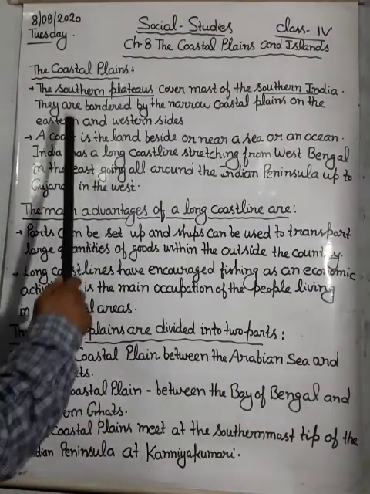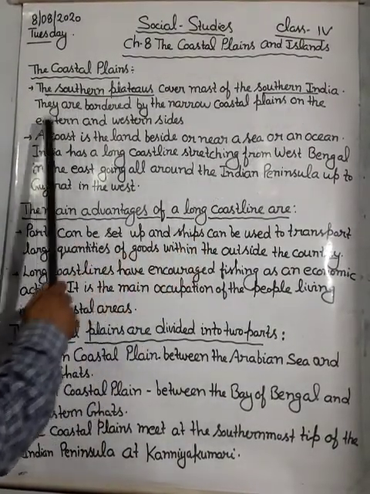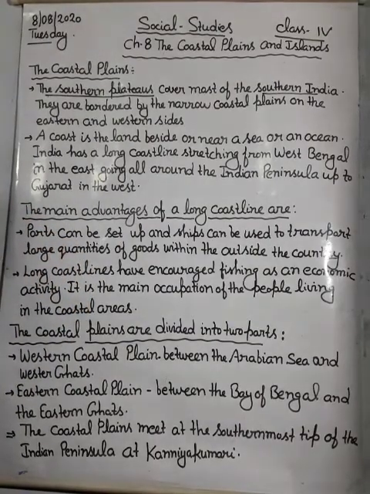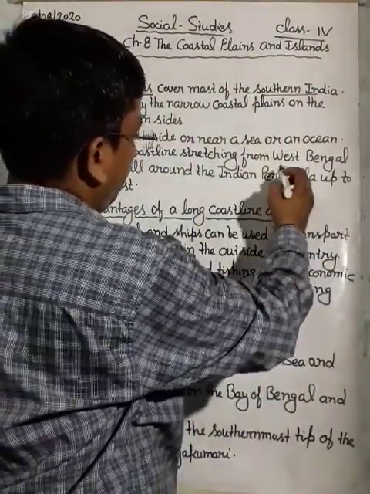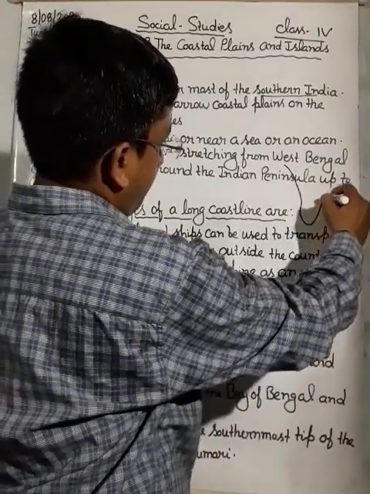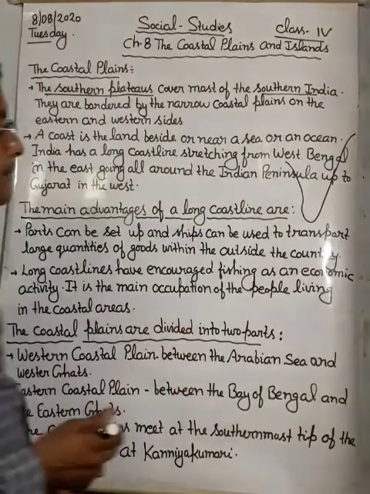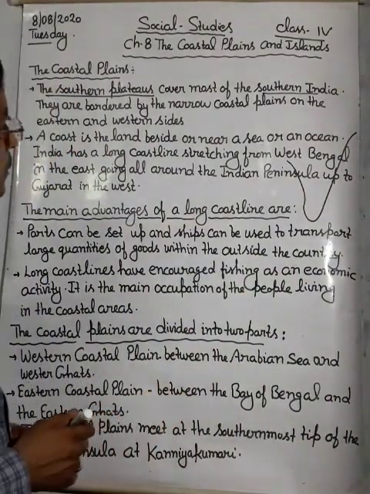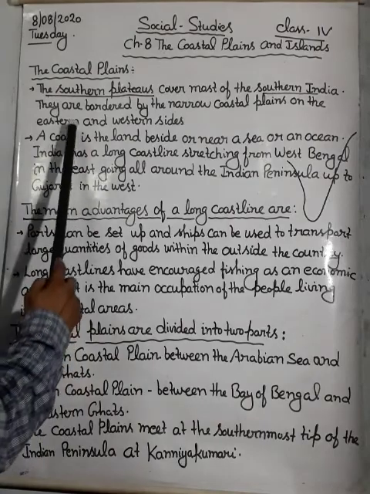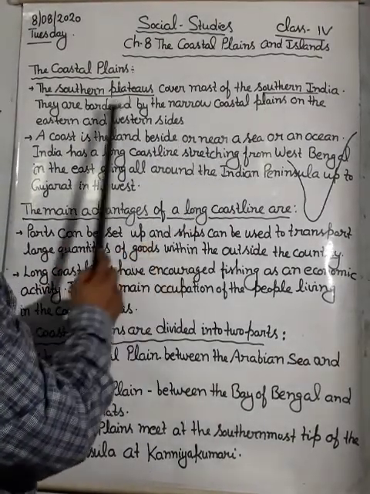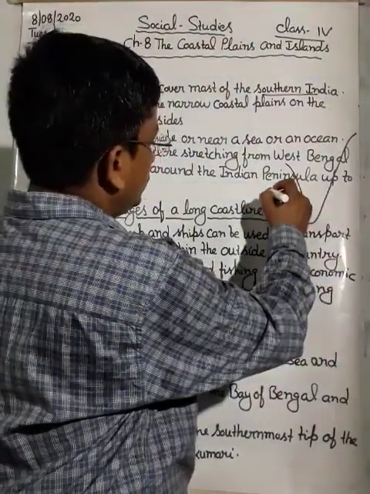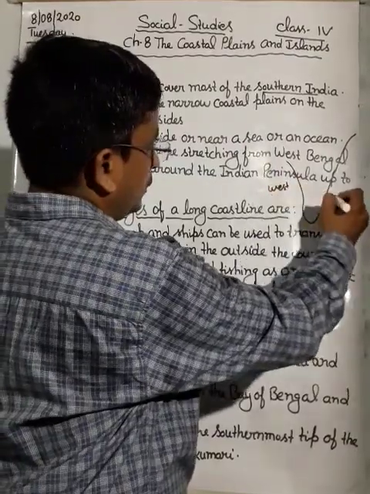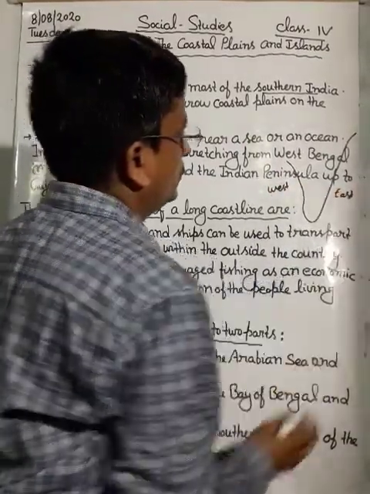They are bordered by narrow coastal plains on the eastern and western sides, as you can see here. This is west and this is east.